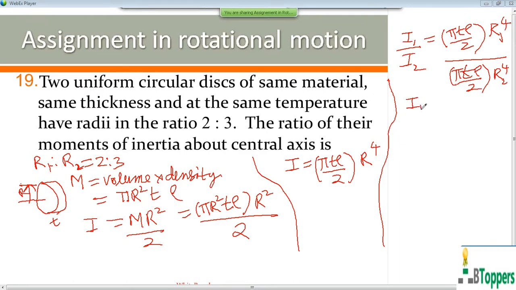Here R1 is the radius of the first circular disk and R2 is the radius of the second circular disk. According to the problem, both the circular disks have same thickness T. And both the circular disks are made up of same material and they are at same temperature. Therefore, density rho will be the same for both.